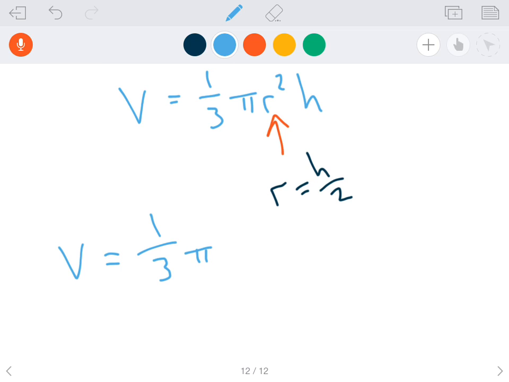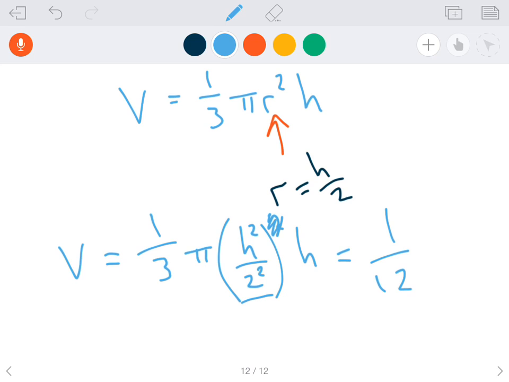So I've got 1/3 pi, and then instead of r squared, I'm going to do h over 2 squared times h. We'll simplify that. This is the same thing as h squared over 2 squared. And so let's see what I do with my constants. I have 1/3 and then a 1/4 over here. So 3 times 4 is 12.